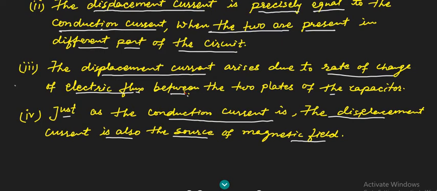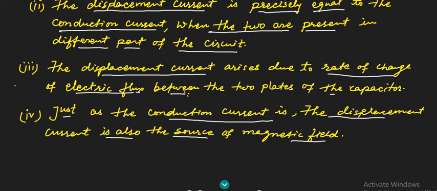Hence it is clear that in the space between the plates of the capacitor, both the electric and magnetic field exist, and the time varying electric field between the plates is directed perpendicular to the plane of the plate, and the time varying magnetic field produced by the electric field is along the perimeter of the circle in a plane parallel to the plate of the capacitor.